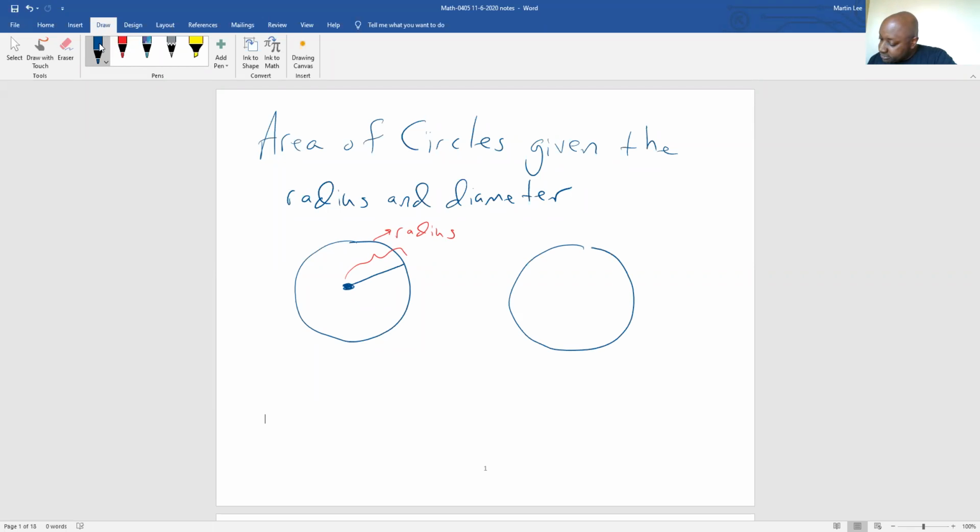If I have a circle and I have the center and I have a line going from one point on the circle through the center to another point on the circle, that's the diameter. So this whole distance is the diameter.